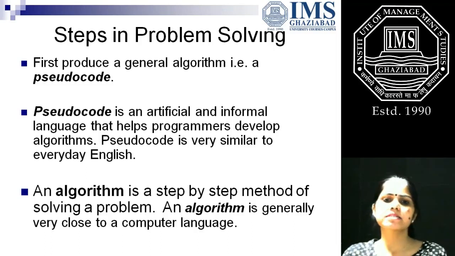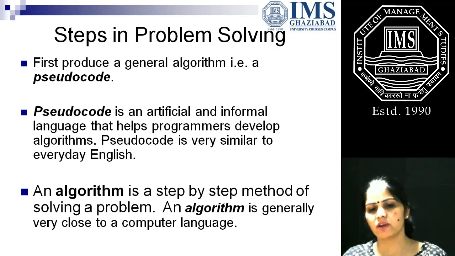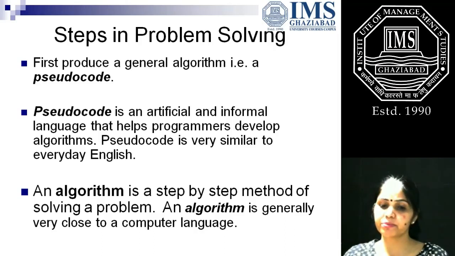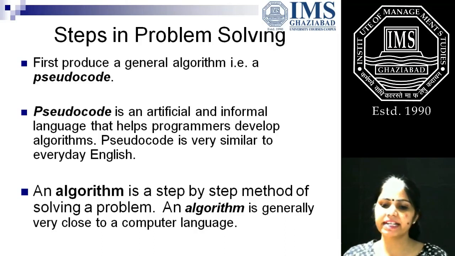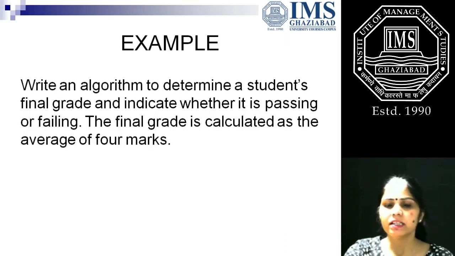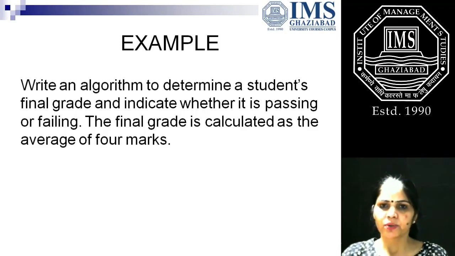An algorithm is a finer version of pseudocode, and it is a step-by-step method of solving a problem. Generally, an algorithm is close to a computer program. So here we write the most discrete steps. For example, we have to write an algorithm to determine a student's final grade and indicate whether it is passing or failing.